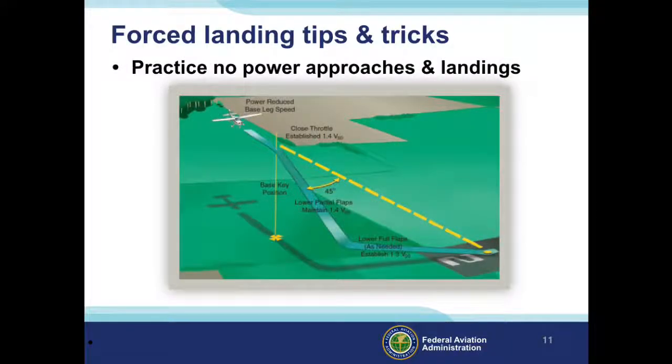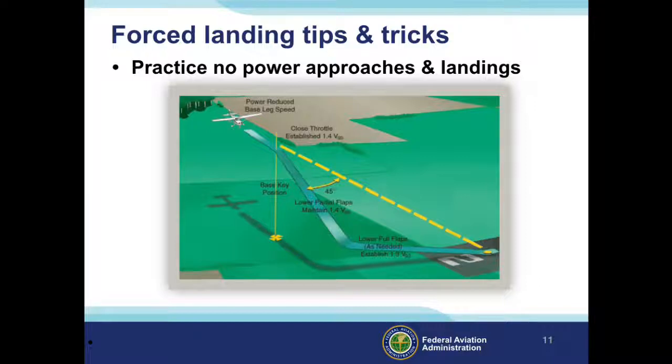Altitude estimation and speed control are very important when gliding close to the ground. The 90-degree power-off approach is seen here. Note that in this and all other gliding approaches, we want to reach a key position on base from which we know we can make a successful landing. Until the key position is reached, we'll keep the airplane configured for best glide.